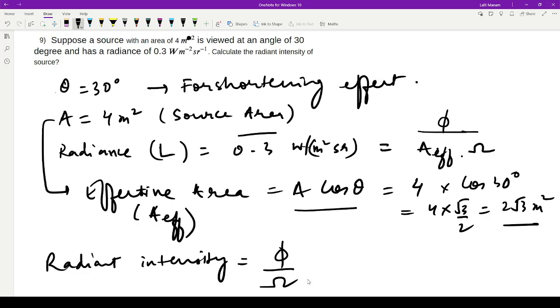Yes, that's how it is defined in the class, d phi by d omega. So I think now it's pretty simple. Okay, so it's 0.3 watts per meter square steradian into 2 root 3. This is watts per steradian. Is this clear?